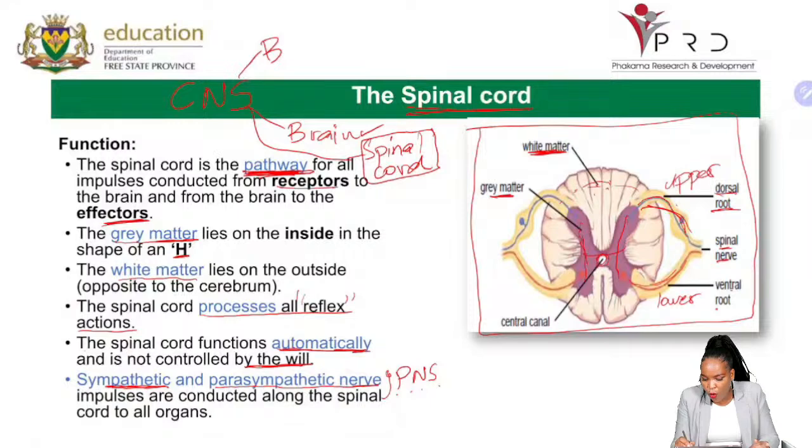And you are going to draw a dorsal root and a ventral root where your spinal nerves are entering and leaving the spinal cord, on both sides. So on this side here and also on this side. So the roots are leaving from the left hand side and the right hand side. So that is the structure of your spinal cord.